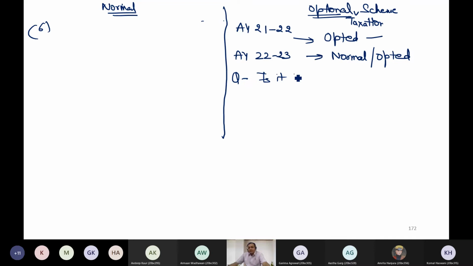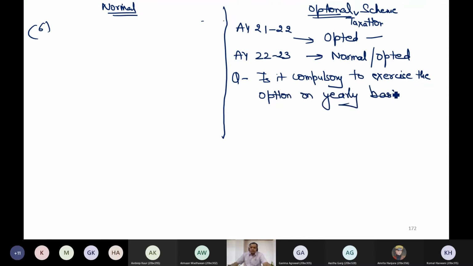Is it compulsory to exercise the option on a yearly basis or not? The answer is yes as well as no. No, if total income does not include PGBP.